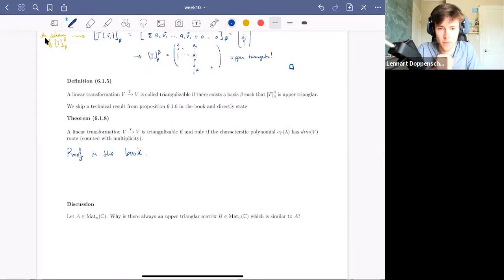So counting with multiplicity means, say it has roots 1, 2, and then 2 again. So for example, x minus 2, x minus 3 squared has 2 roots, but with multiplicity it has 3 roots.